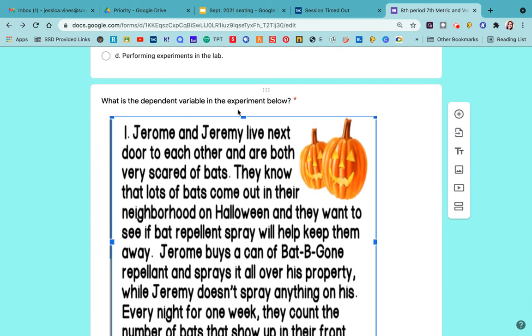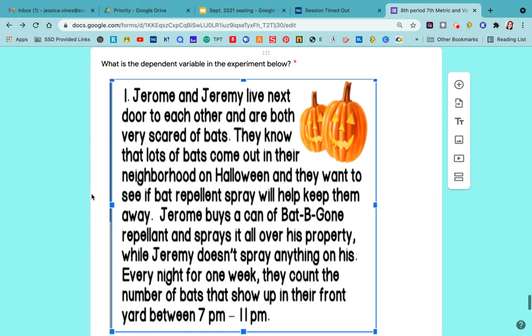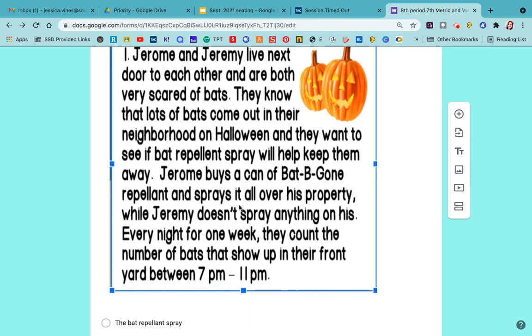What is the dependent variable in the experiment below? Jerome and Jeremy live next door to each other and are both very scared of bats. They know that a lot of bats come out of their neighborhood on Halloween, and they want to see if bat repellent spray will keep them away. Jerome buys a can of Bat Be Gone repellent spray and sprays it all over his property, while Jeremy doesn't spray anything on his.